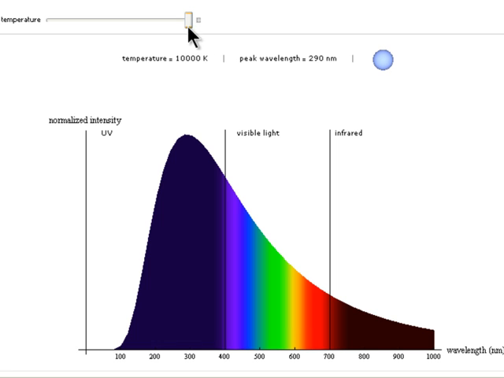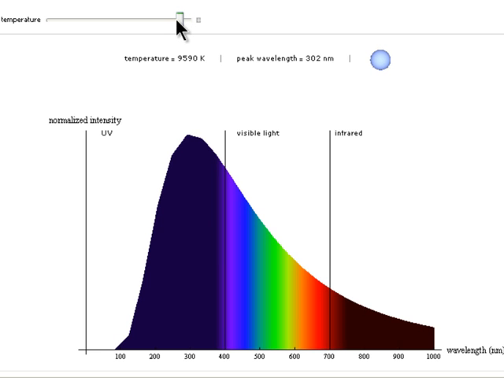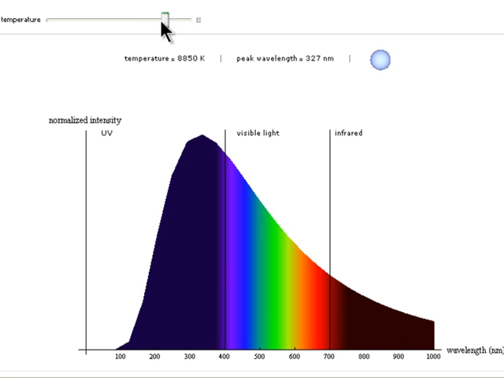Okay, I'm going to use this button again to reduce the temperature. Watch the shape of the wave and watch how the average frequency of the wave moves as I reduce the temperature.